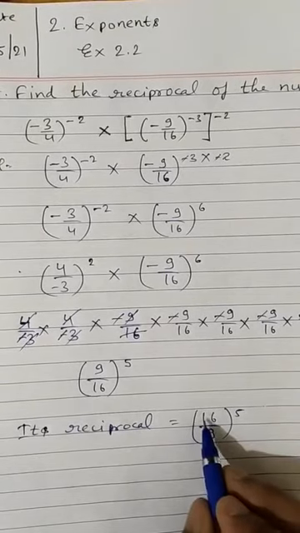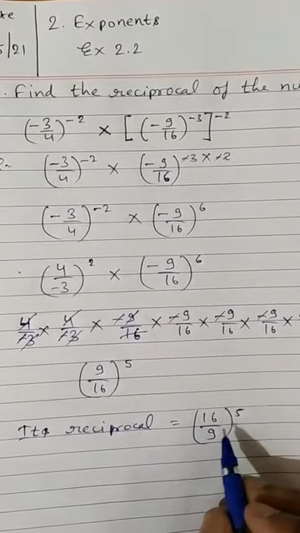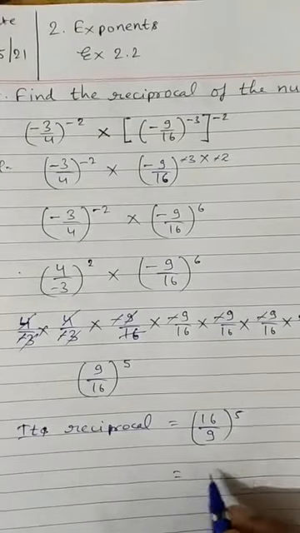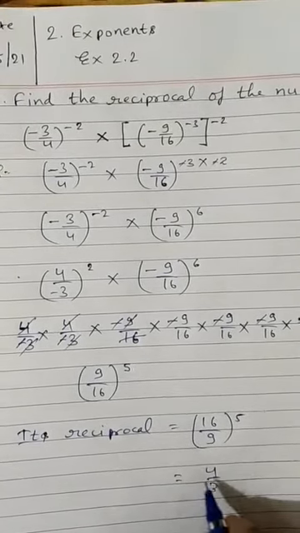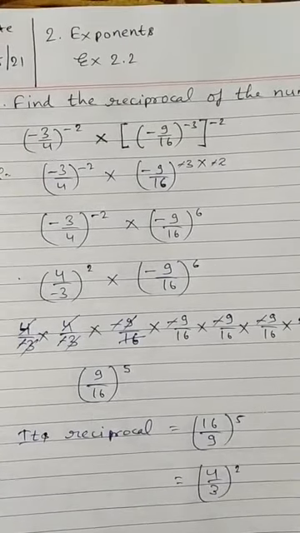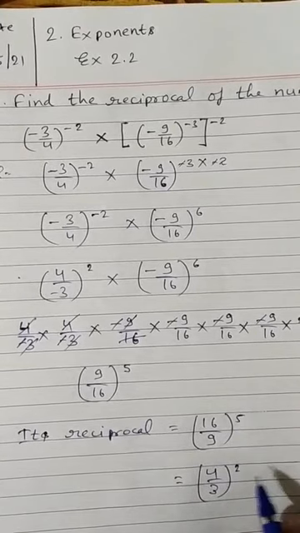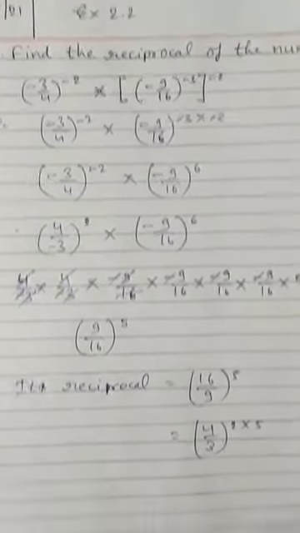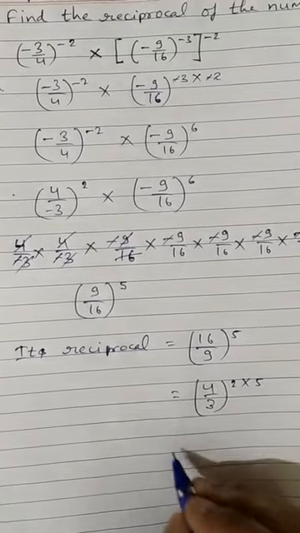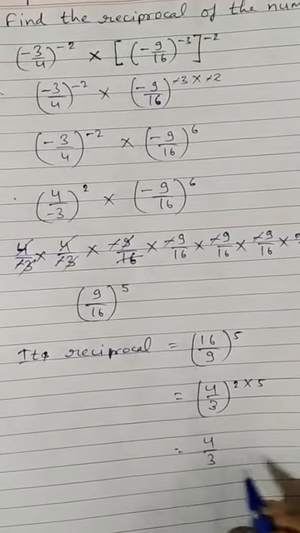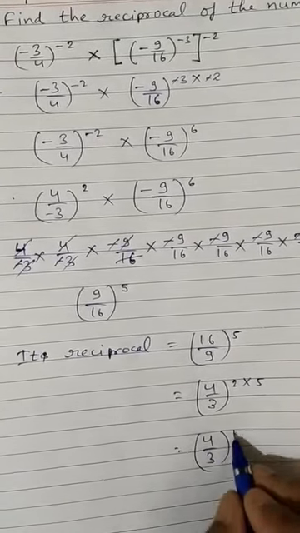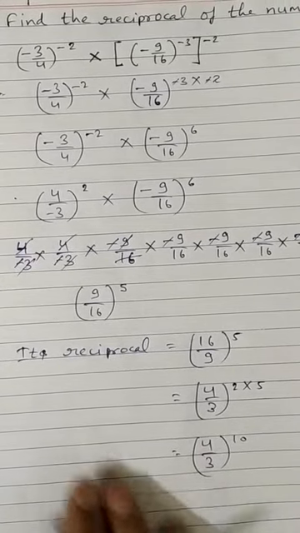We can change 16/9 into (4/3)^2. This 5 is already there, so it will be multiplied, and 2 times 5 is 10, so the answer is (4/3)^10.